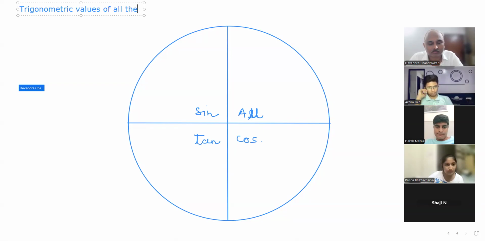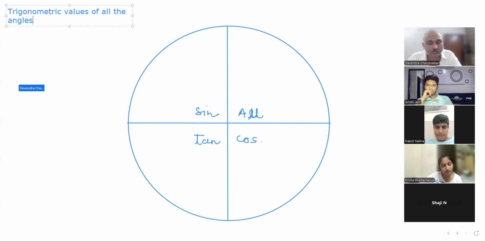Our focus is on sine, cos, and tan as of now. You are aware that you can invert these and get cosecant, sec, and cot. So the focus is on sine, cos, and tan. So trigonometric values of all the angles are positive in the first quadrant.